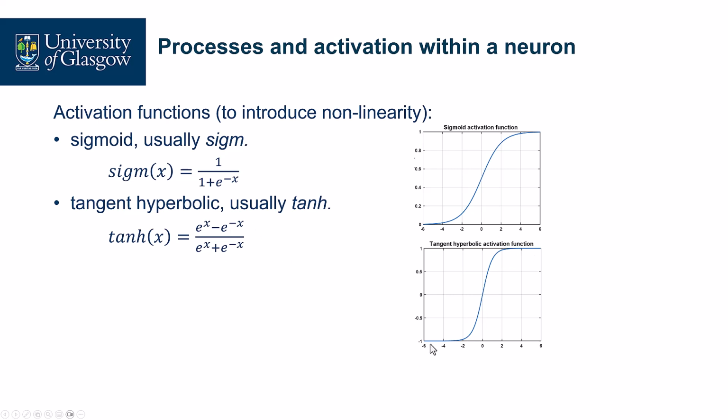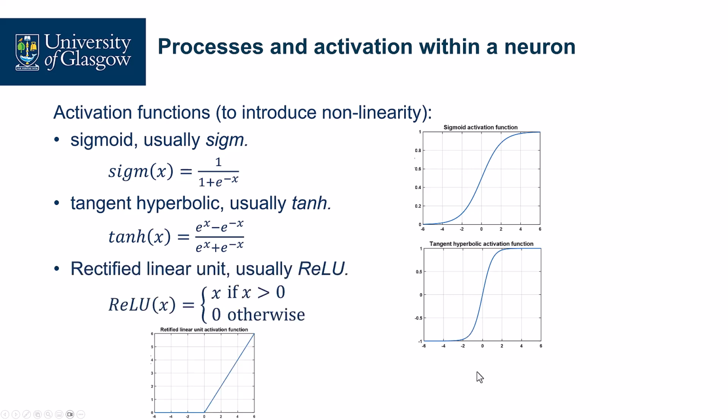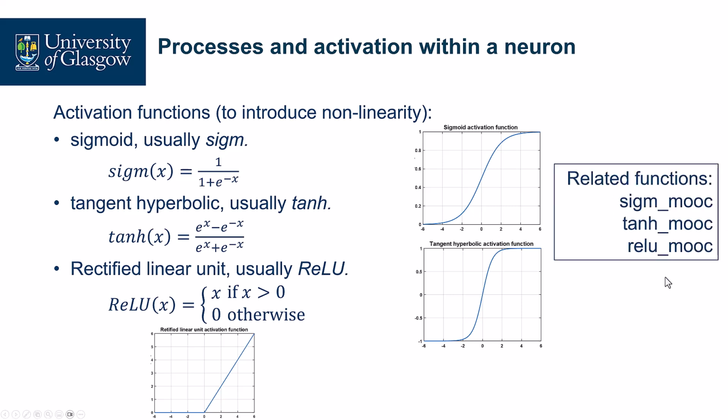For any input x, we can transfer it to a number between -1 and +1, following this shape. The third one we call the rectified linear unit, also called ReLU. For the ReLU function, when x is larger than 0, it stays itself, and otherwise it is 0. These are three widely used functions, and you can see them here in the live scripts.